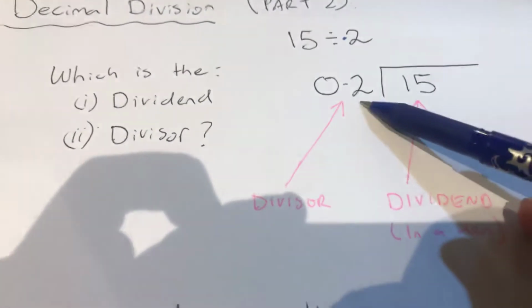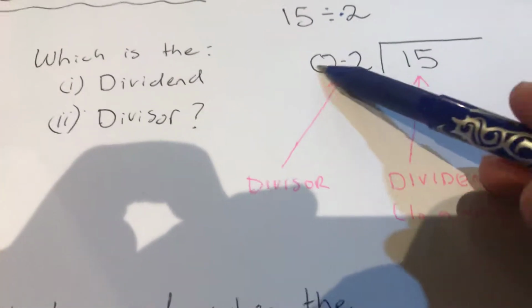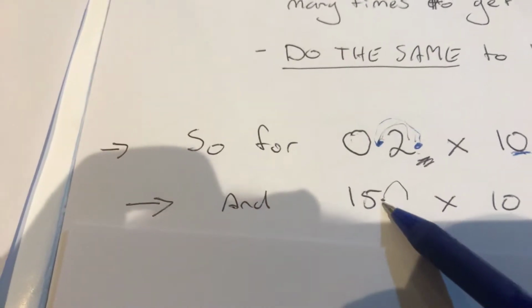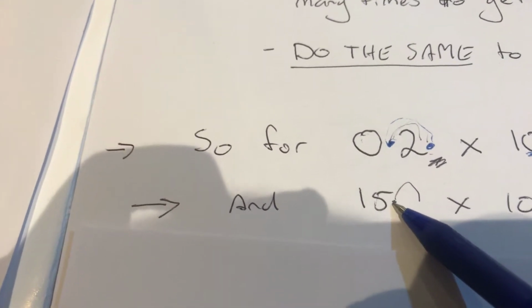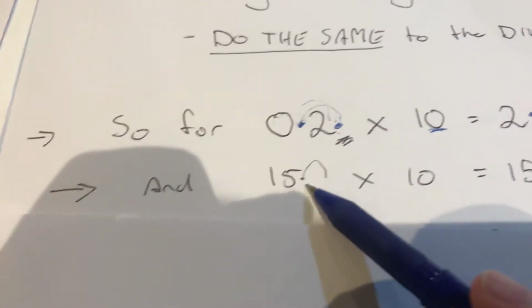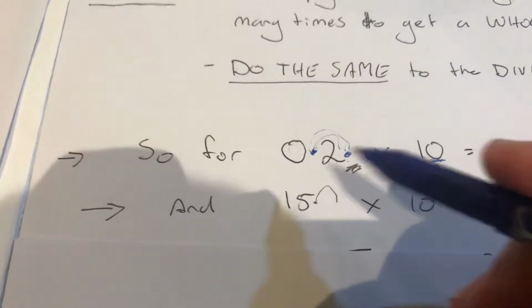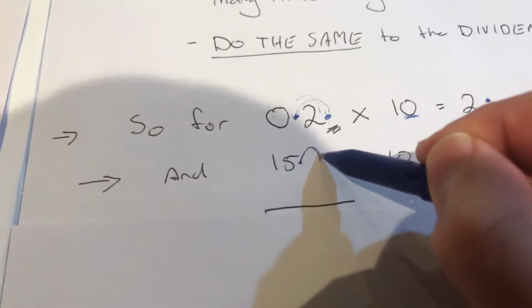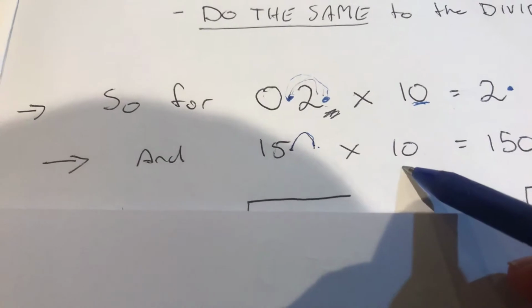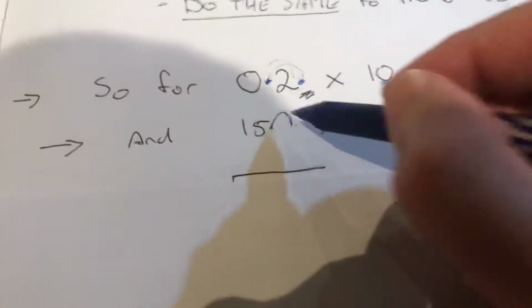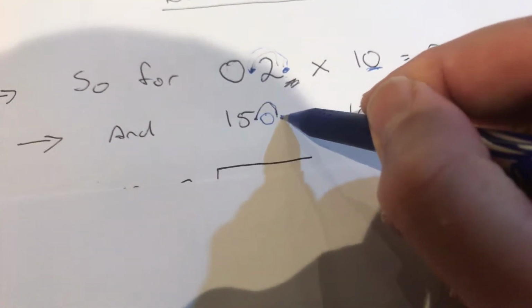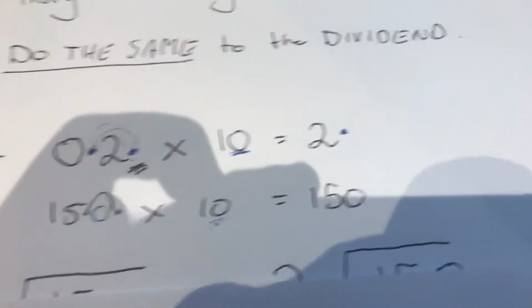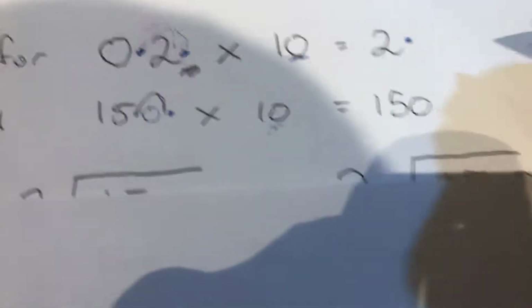But because I've done that to my divisor to make this a whole number, I have to do the same to my dividend. So I have my 15, and the decimal place can live at the end there. 15.0 is the same as 15, but I have to multiply it by 10 as well. So I have to do a decimal hop of 1 because there's 1 zero in 10, and it means I have to put a 0 here. That's my new decimal place. So I've got 150.